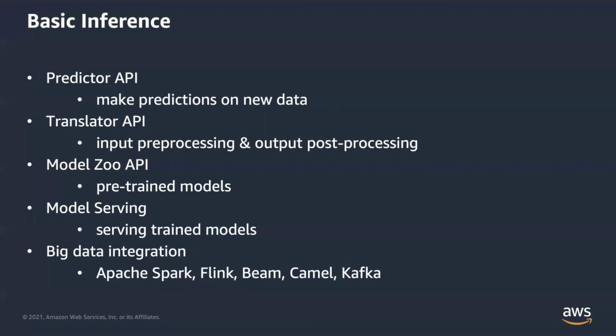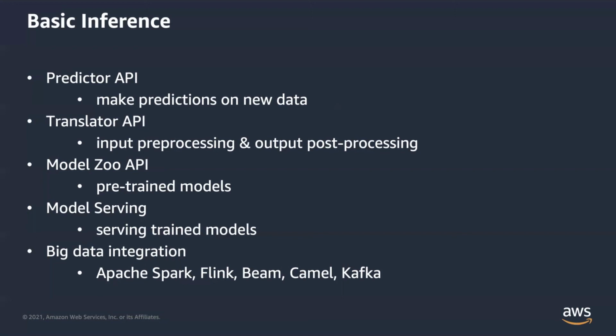Now that you have a lot of models available in the Model Zoo, you can also launch DJL Serving using just one line. You can launch a web server that hosts the model you want to serve, and then you can make inference calls or prediction calls using a REST API to a web service, and it will return the result.